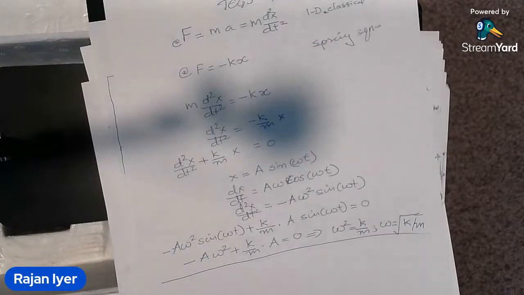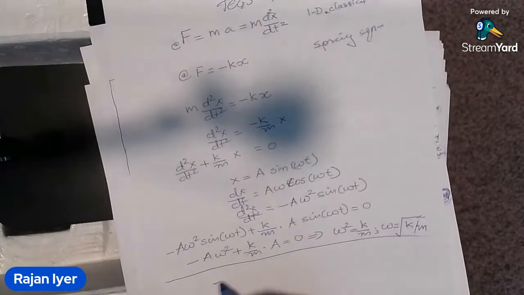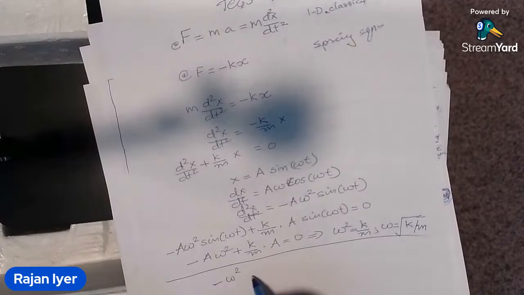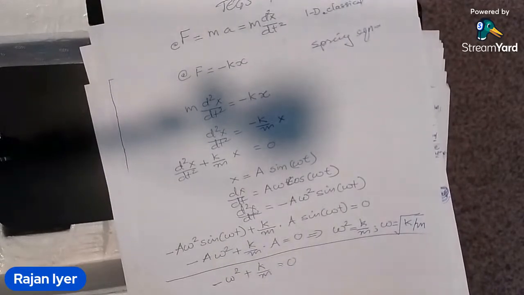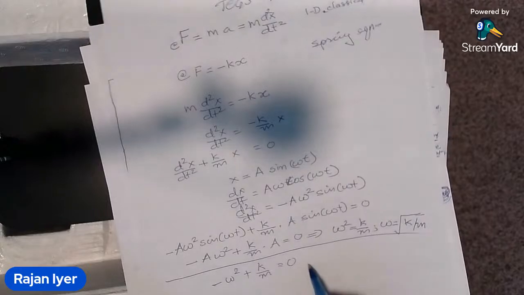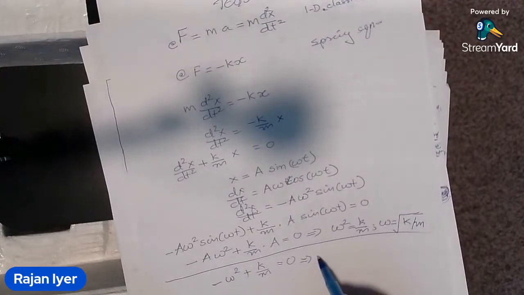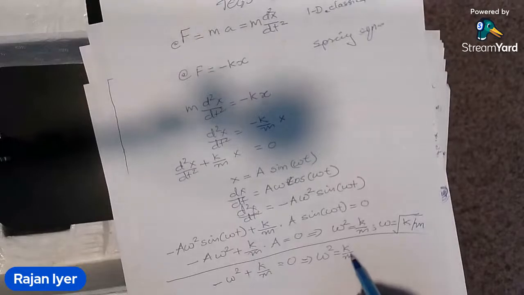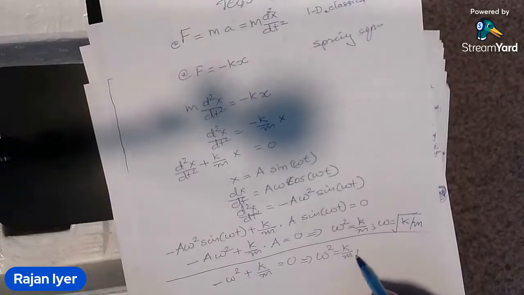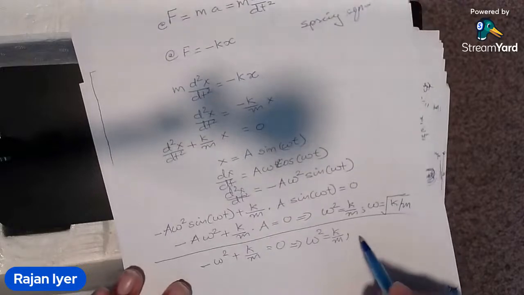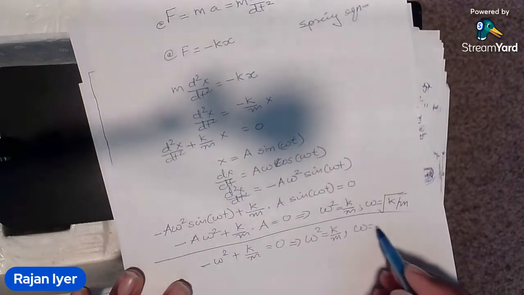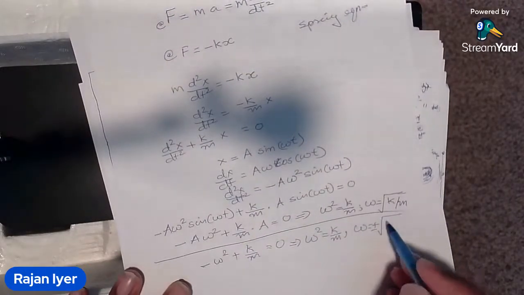So we have only this term remaining: minus omega square plus k over m equal to 0. So then k over m is equal to omega squared. And omega is actually plus or minus the square root of k over m, but it's taken as positive, right?